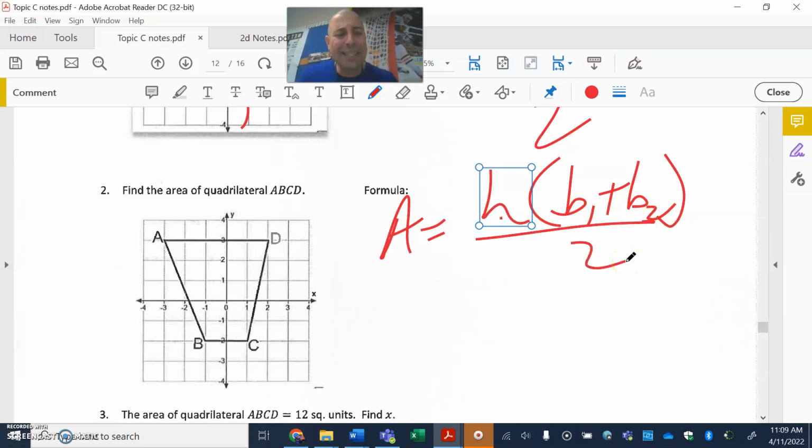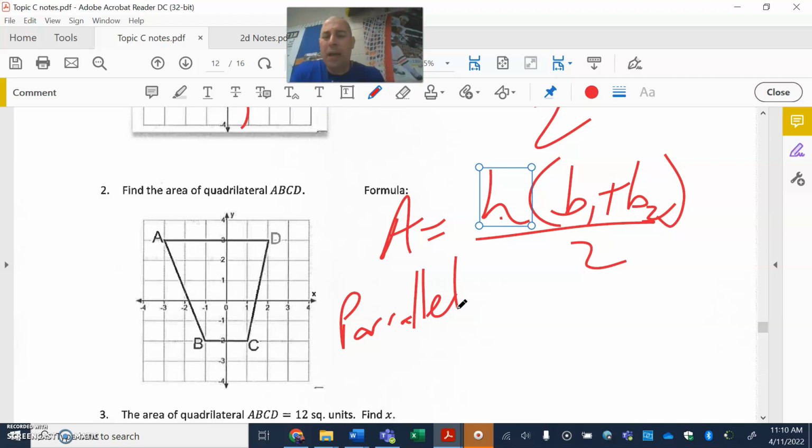Bases are always going to be your parallel sides, so keep in mind that phrase, parallel. We can talk about that later. But there it is. That tells me those are the bases that we are dealing with.